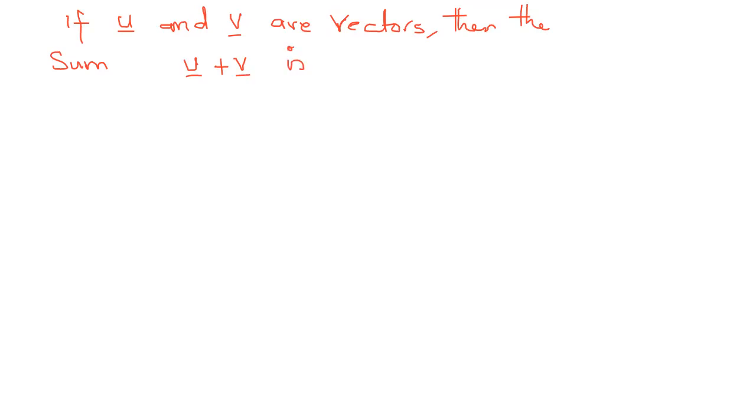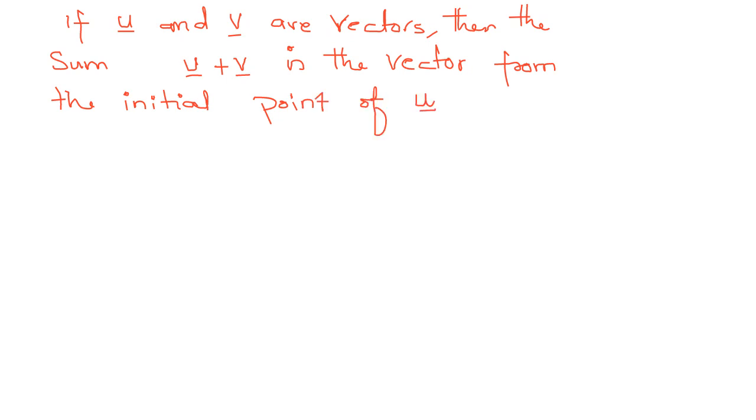If u is a vector and v is another vector, then the sum u plus v is the vector from the initial point of u to the terminal point of v, as shown in the figure.